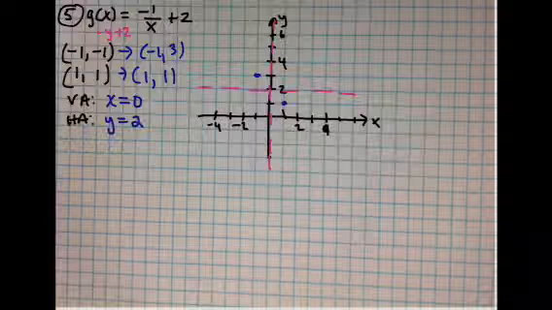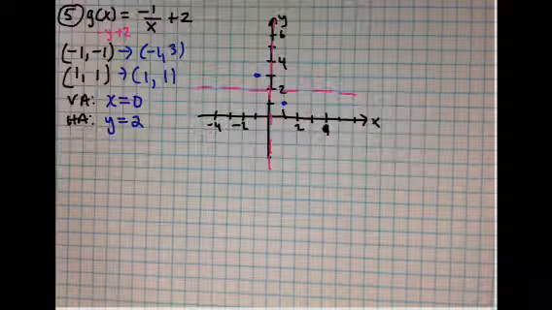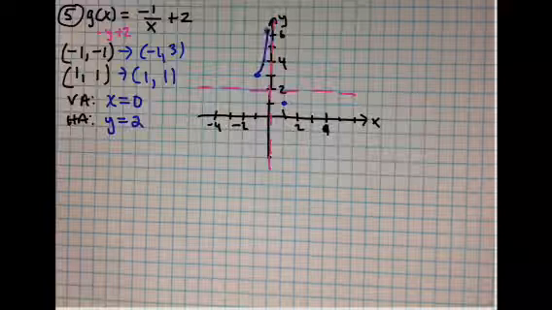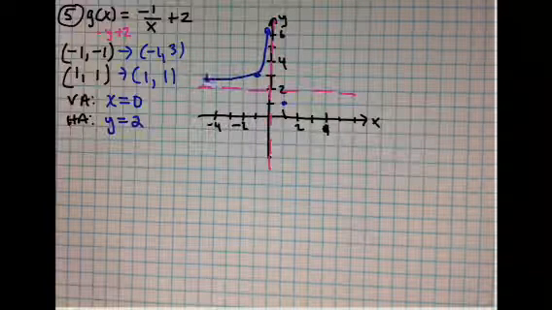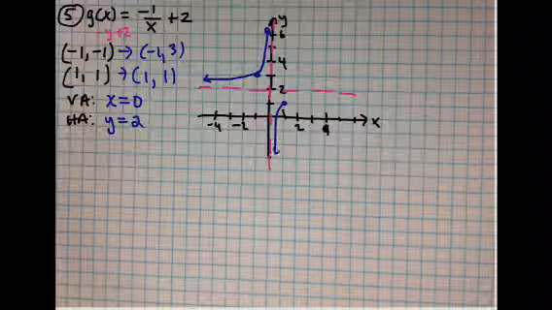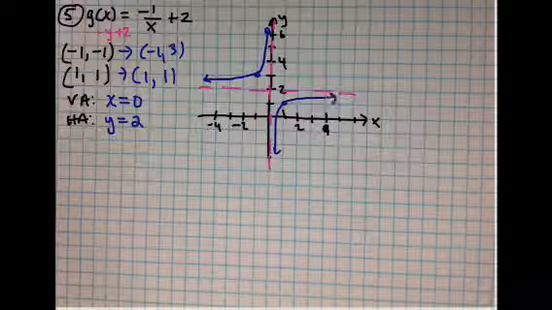And that's all we need. We're going to draw the 2 branches from the blue points going towards the asymptotes. And that one's done.